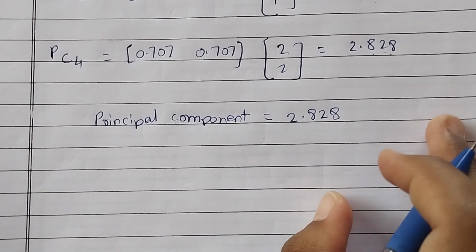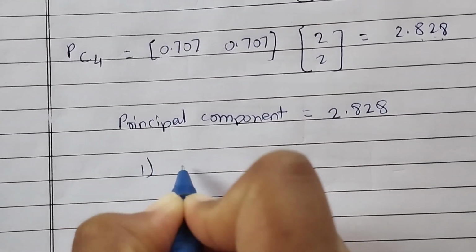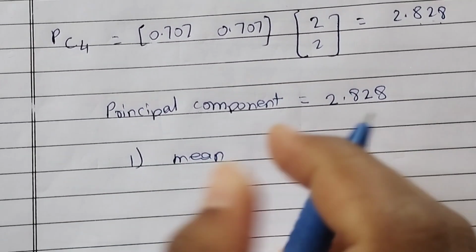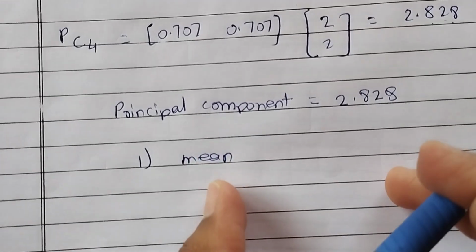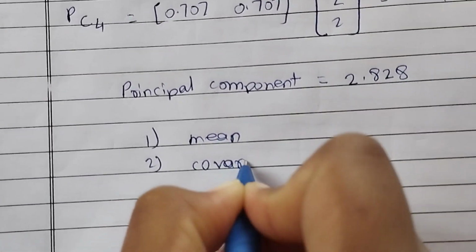So let's check which steps we followed. First we find the mean, then we subtract the mean from each feature, then we find the covariance matrix.